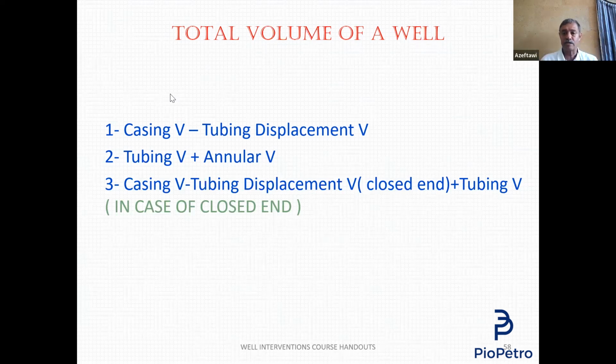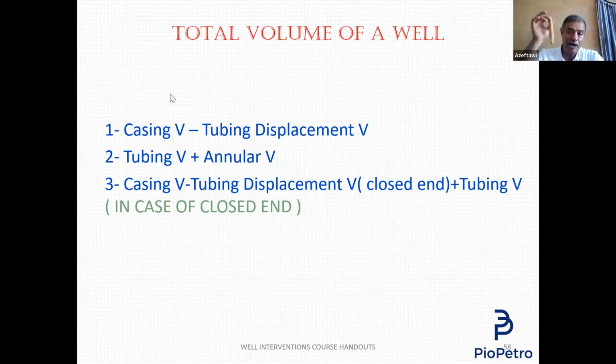It is my turn to answer the question. I have the well full of 500 barrels. I'm running the tubing closed in. If this tubing is not closed in and I run it, what will come out is just the displacement of the metal thickness of this tube, which is 50 barrels.